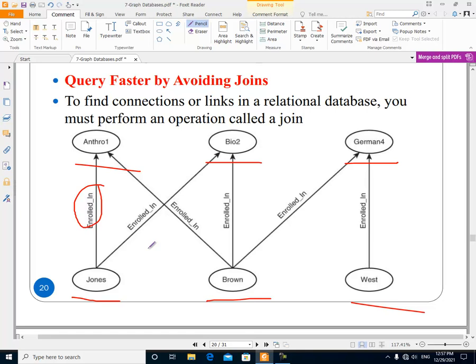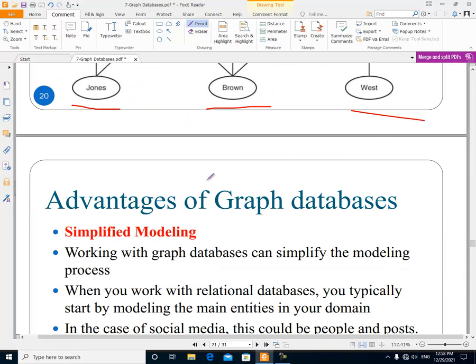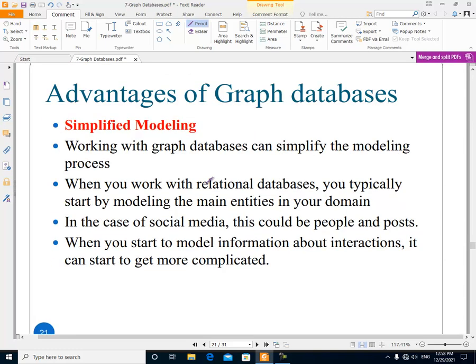As you see here in the graph database, which stores data like a graph, we don't have joins, so the operations are faster. The next advantage of graph databases is simpler modeling of the data.